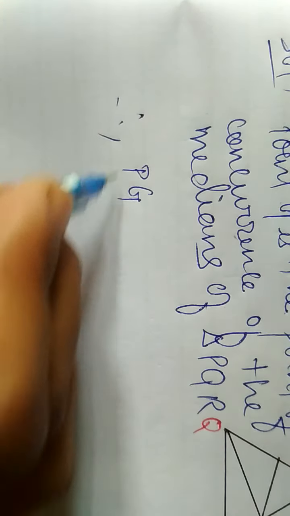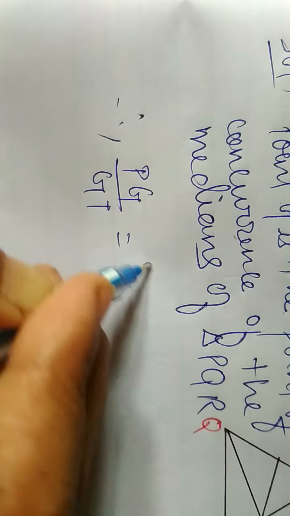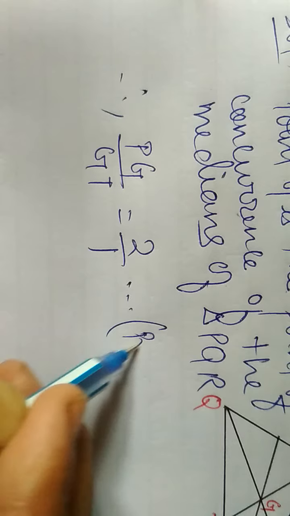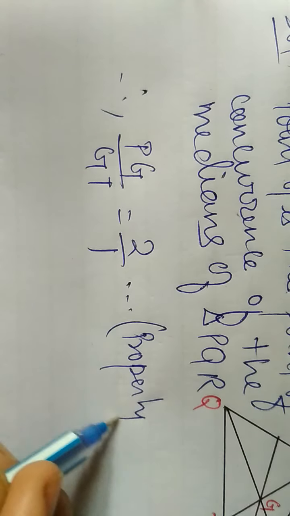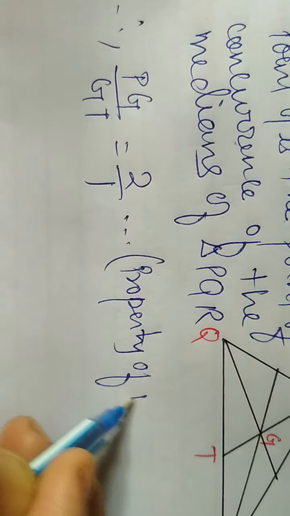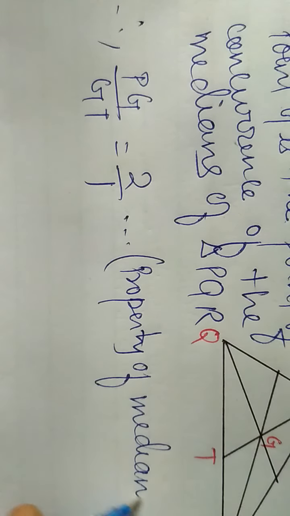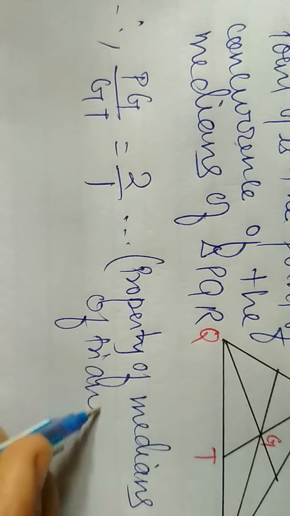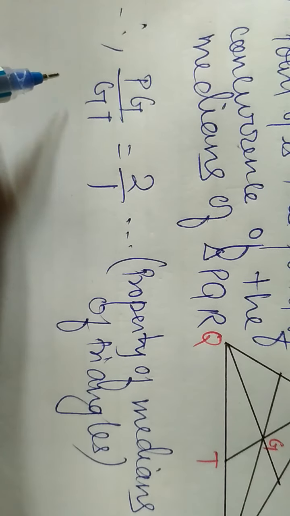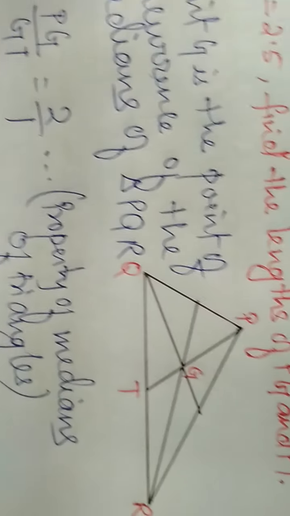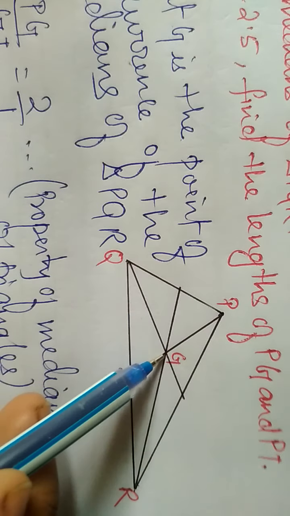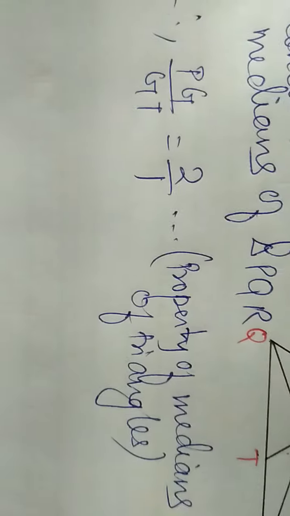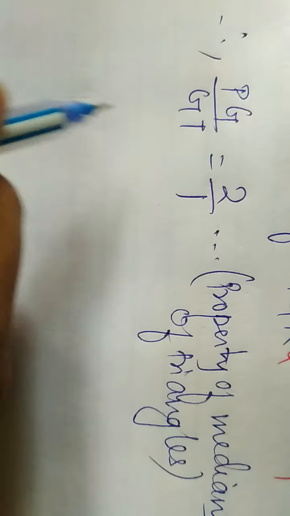PG upon GT will be equal to 2 upon 1. This is the property. We will mention the property of medians of a triangle, by which we can write PG upon GT equals 2 upon 1. That is the property of the medians of triangles.